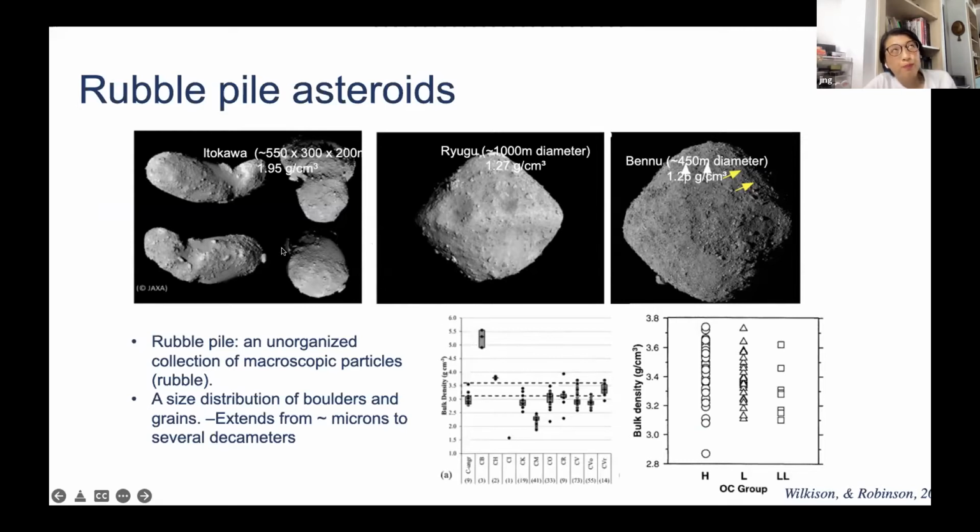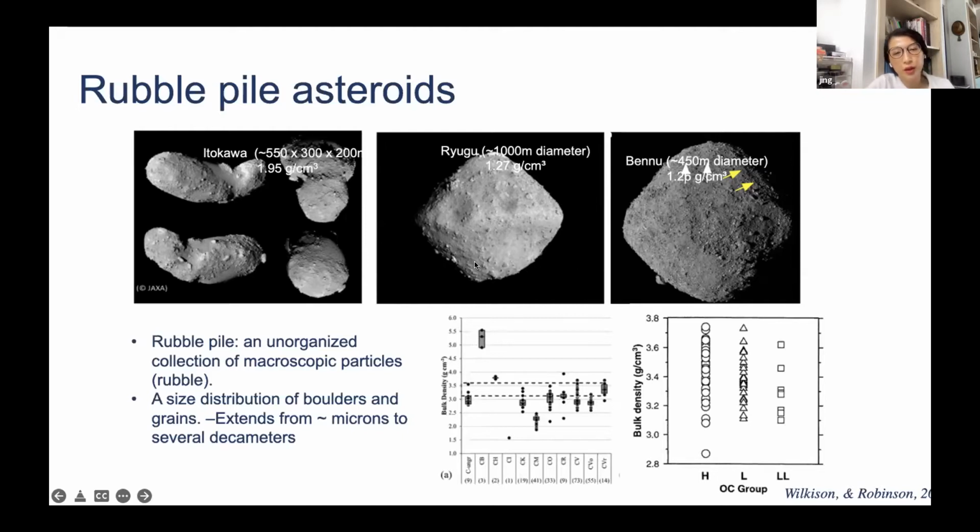Eros is relatively different from the later 3 because Eros is much bigger. Itokawa, Ryugu, and Bennu are of a similar size.